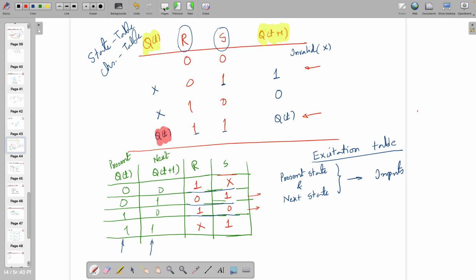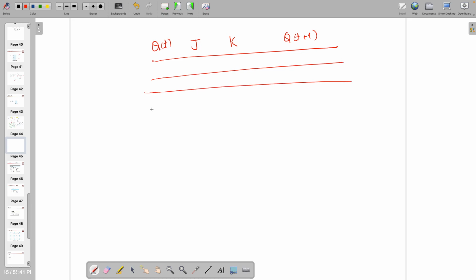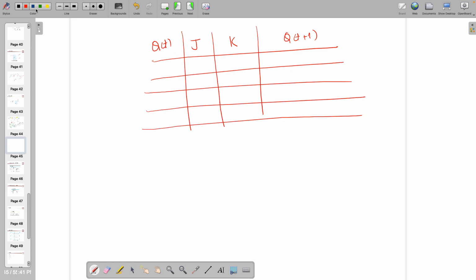Now let's talk about JK. So how JK works? What was the characteristic equation over there? So let's look at that. Right. So Q of t plus 1 in case of 0 0, what was the answer?